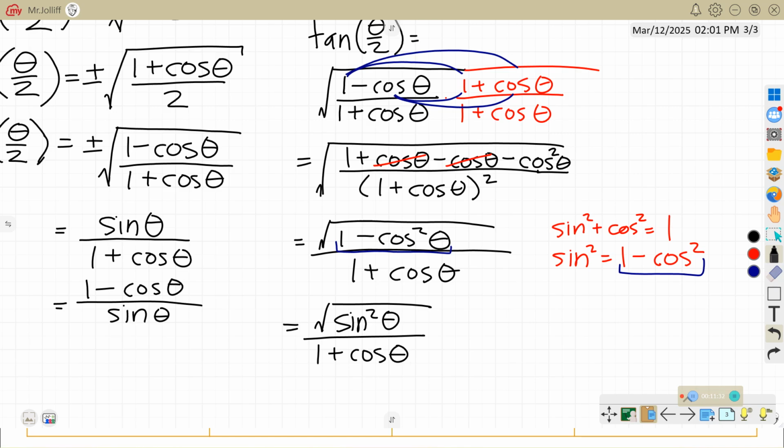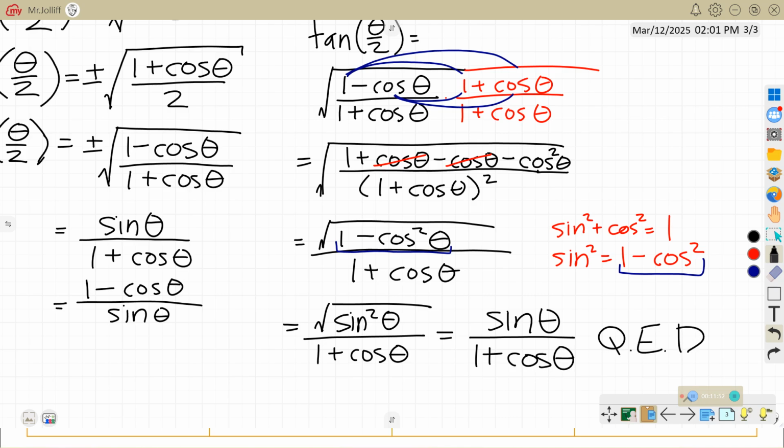What is the square root of sine squared? Louder, Valeria. Sine theta. Very good. The square and the square root undo each other. And we get sine theta. Happy, happy, happy.